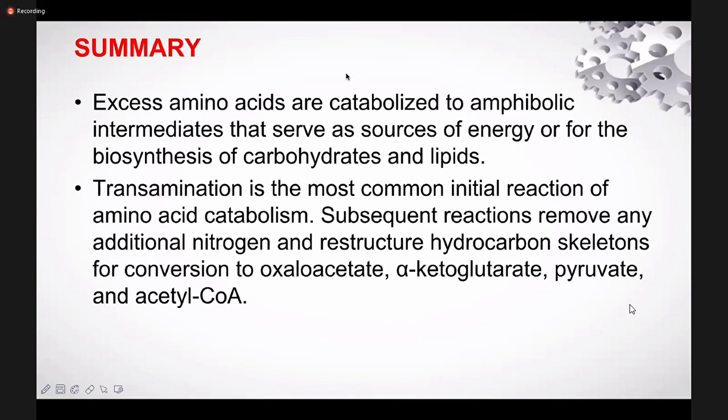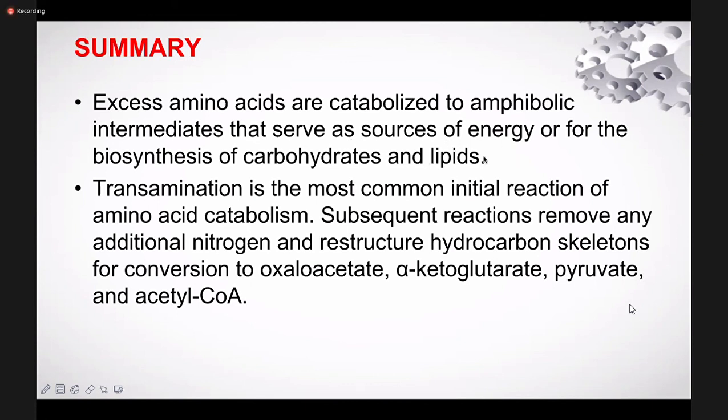So again, excess amino acid, right? We have already learned that the protein in our body is broken down into its component amino acids, and the excess amino acids are catabolized back to amphibolic intermediates that serve as a source of energy or for the biosynthesis of carbohydrates and lipids.